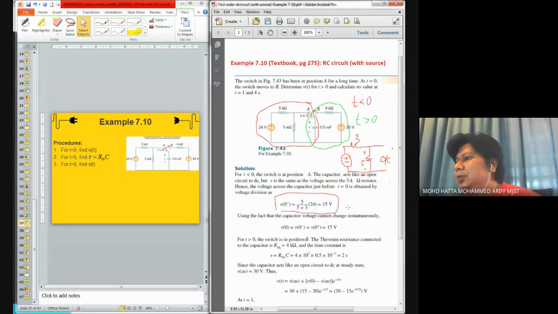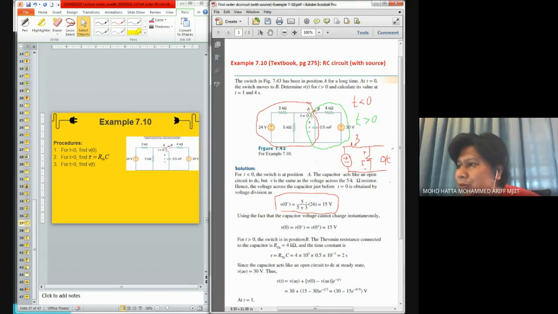voltage divider rule. So here it says that for t less than 0, the switch is at position A. The capacitor acts like an open circuit to DC, but V is the same as the voltage across the 5 kilo ohm resistor. Hence, the voltage across the capacitor just before t equals 0 is obtained by voltage division.